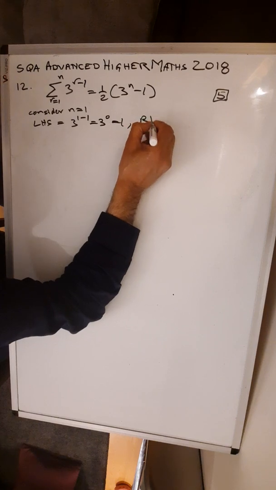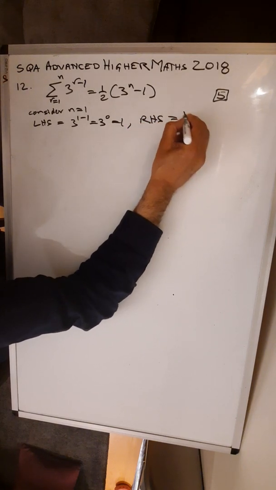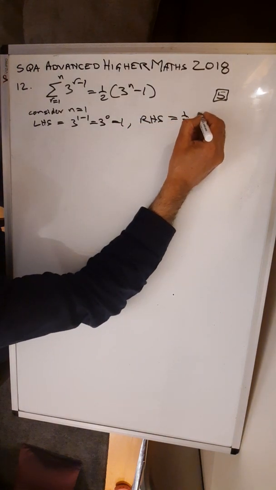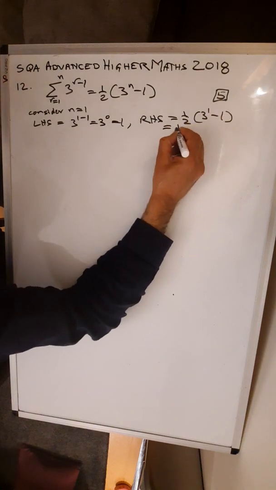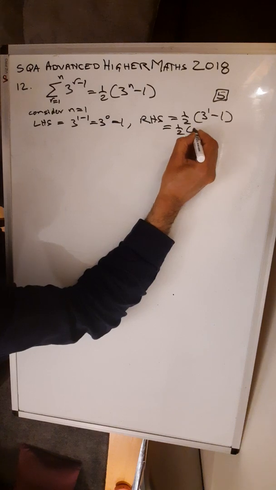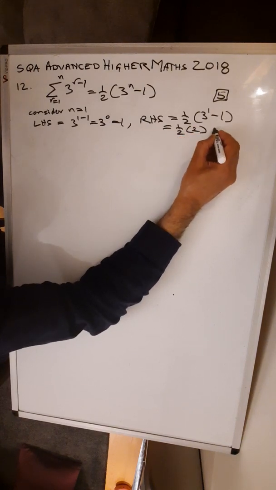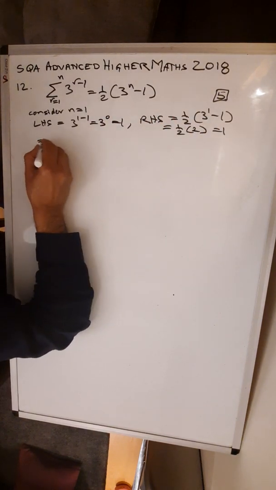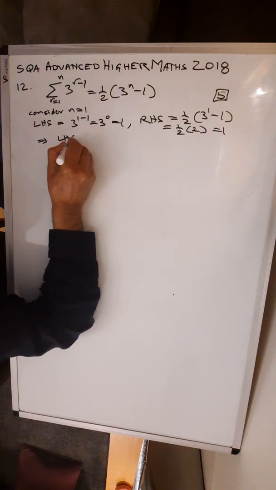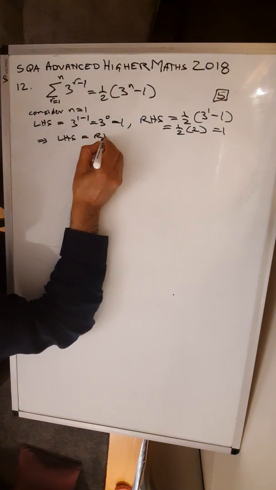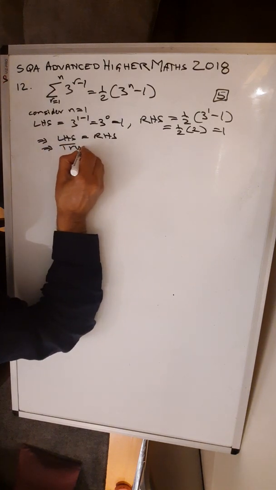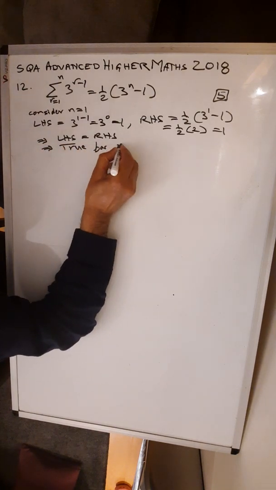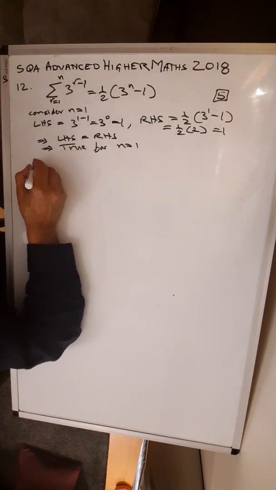Right hand side is equal to half times (3^1 - 1), which is half times 2, which is also equal to 1. So the left hand side is equal to the right hand side, which implies that it is true for n equals 1.